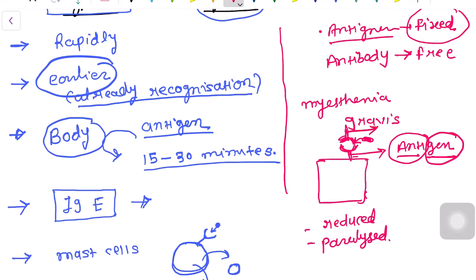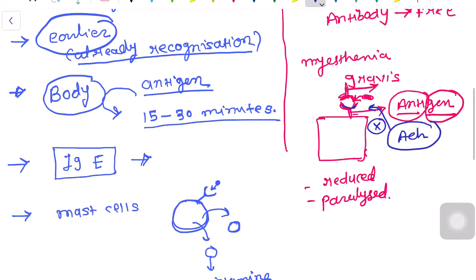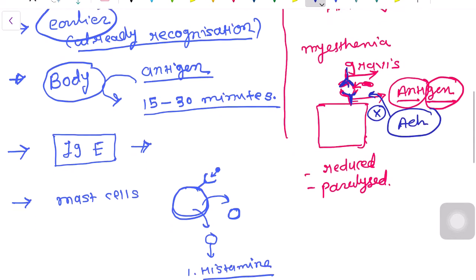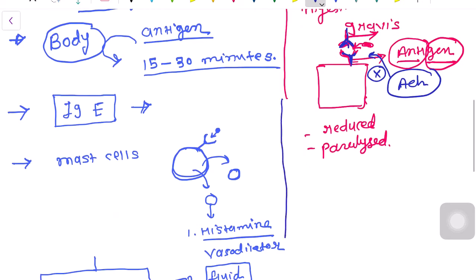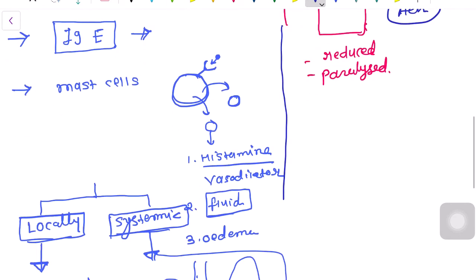They are bound over there, so acetylcholine cannot work on that part and cannot bind. So in this type, the antigen, these receptors, are fixed, but the antibodies are freely moving in the circulation. That's why it is known as the type 2 hypersensitivity reaction.